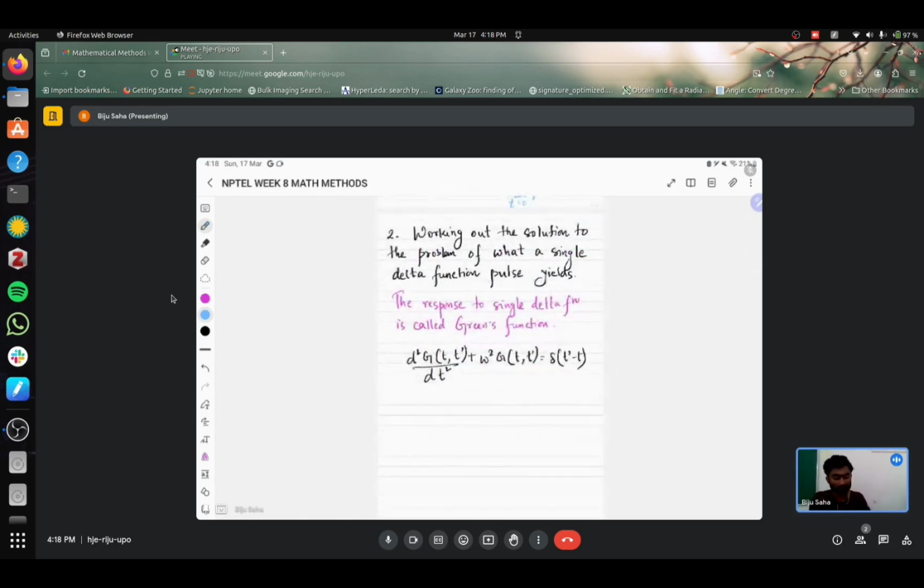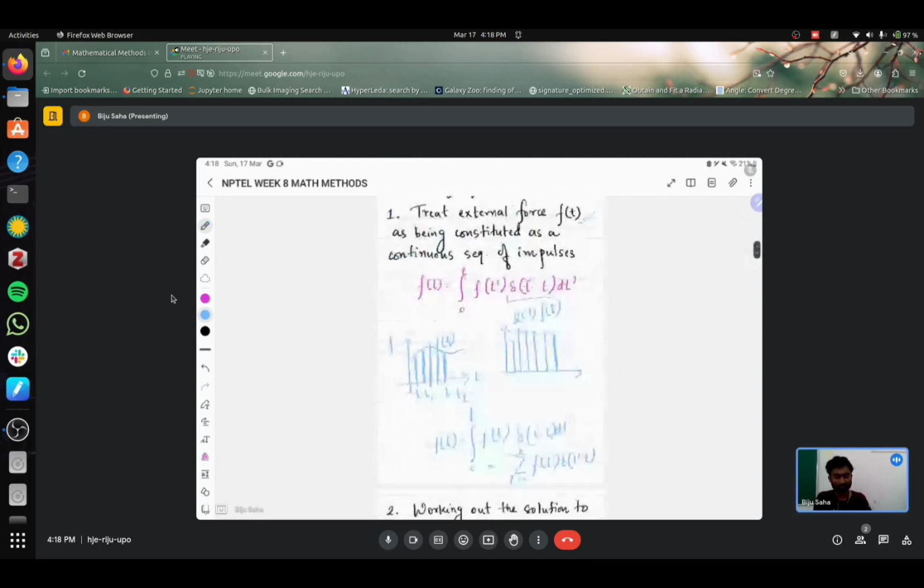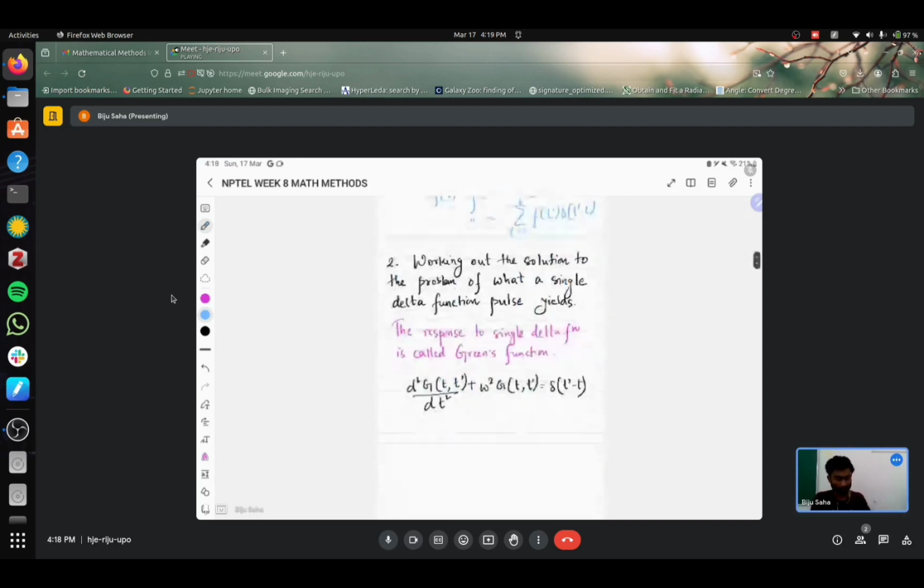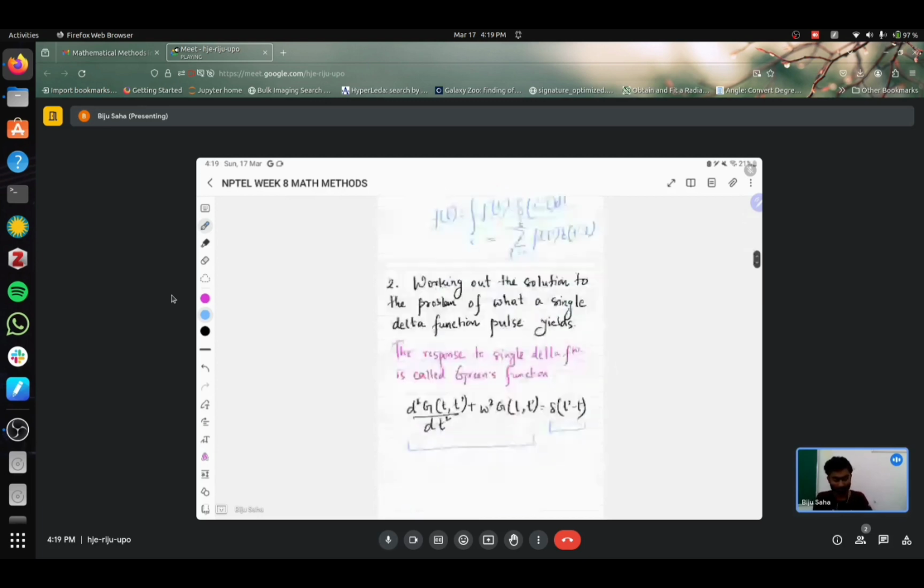The next step is to work out the solution to the problem of what a single Dirac delta function impulse yields. Instead of considering a sequence of Dirac delta functions, let us consider one particular impulse, with just one Dirac delta on the right hand side. The corresponding dependent variable, instead of my original variable x, is my Green's function.